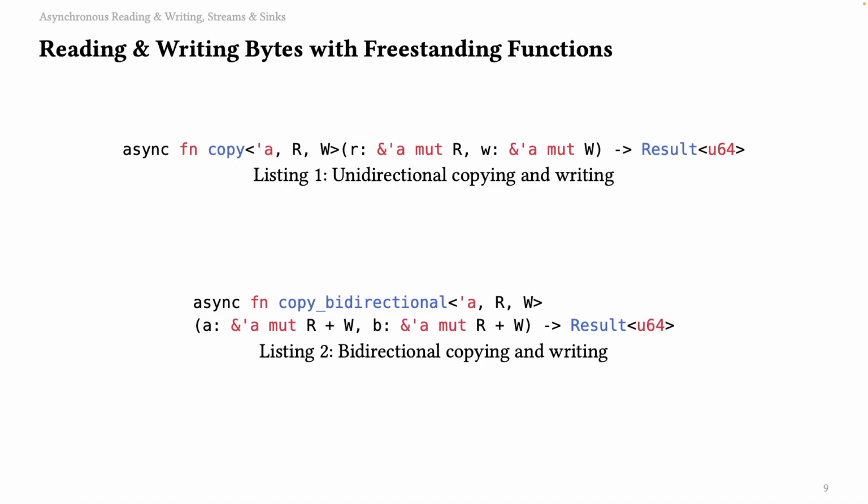A little more complex is the copy bidirectional function. This, in fact, would accept two objects that both implement reading and writing. This is perhaps a good use case for a very simple proxy server, right?